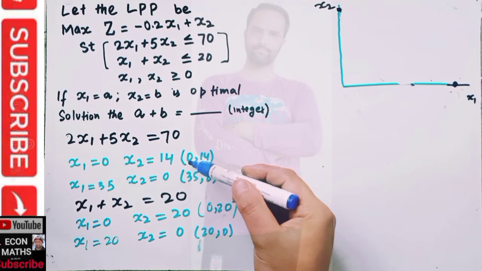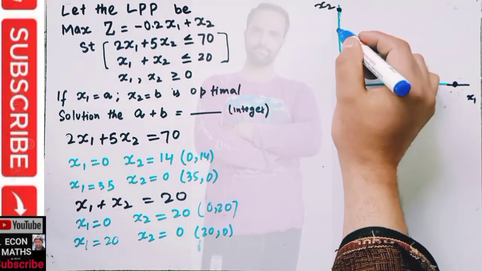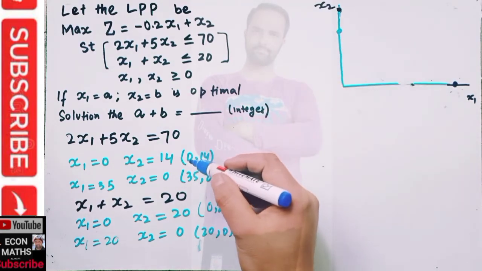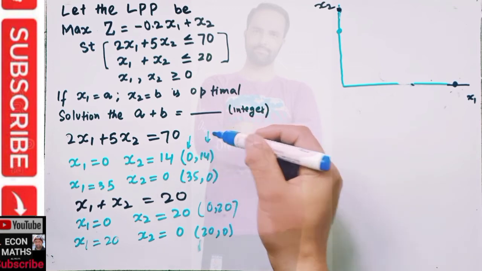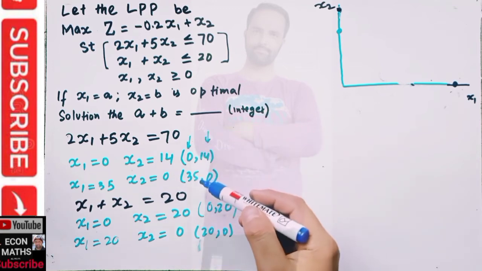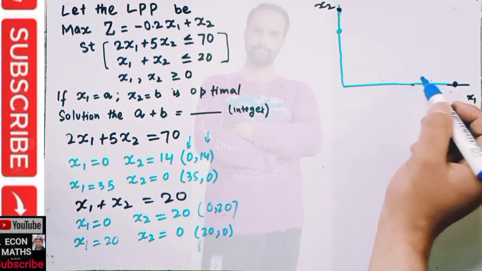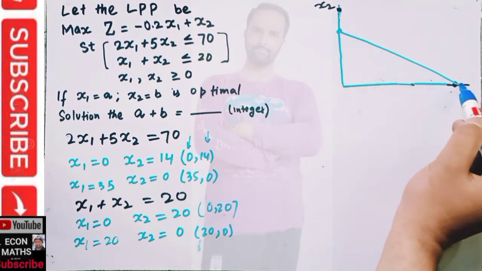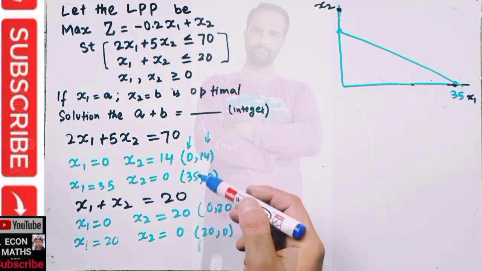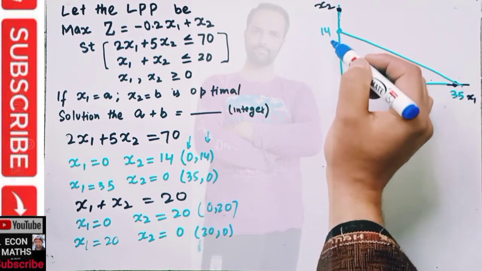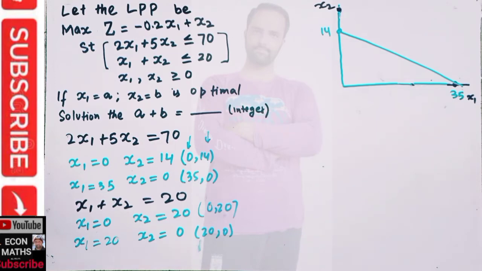So we have 0, 14, so 14 will be here. The first coordinate is always for the x-axis, and the second is for the y-axis. Then we have 35. So this is like this. We have 35 here and 14 here. Okay, so secondly we have 20.